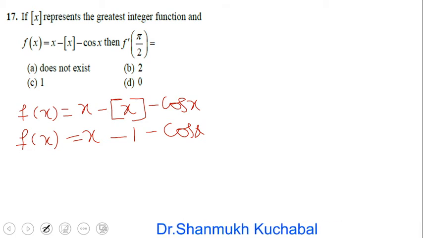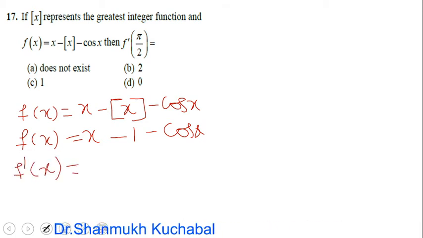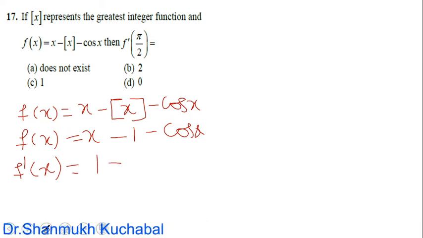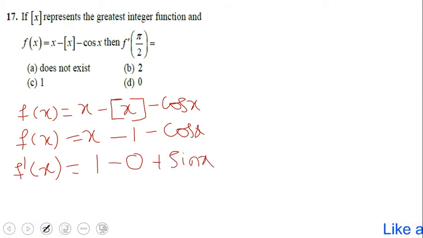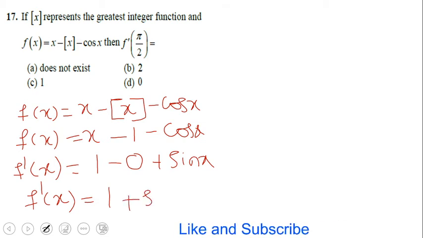Then further we differentiate this. The differentiation of f of x is f dash of x, the differentiation of x is 1, minus 1 is a constant, its differentiation is 0, the differentiation of cos x is minus sin x, minus into minus gives plus sin x. Okay, so we get f dash of x equal to 1 plus sin x.